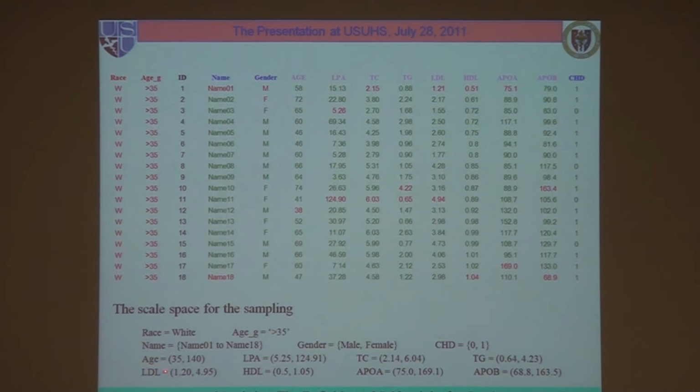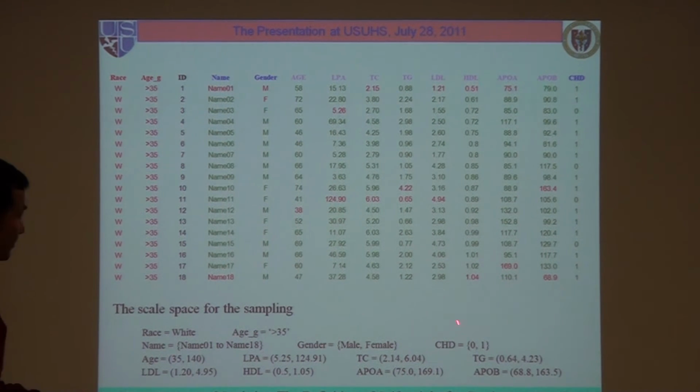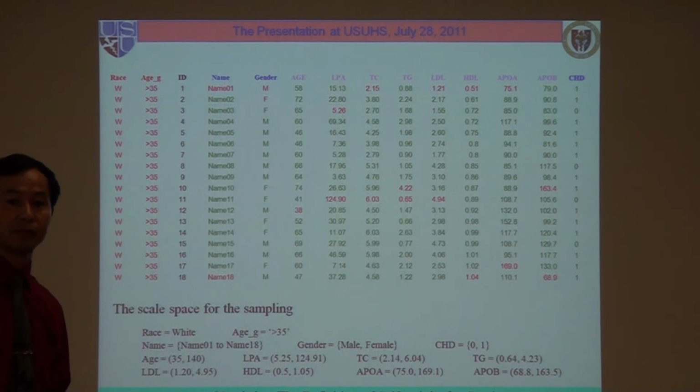And age is in this range, 35 to 140. We will find the youngest is 38, so we can take a smaller digit than this one. Each scale space is marked in red for each attribute. This is the sample space of common growth defined.